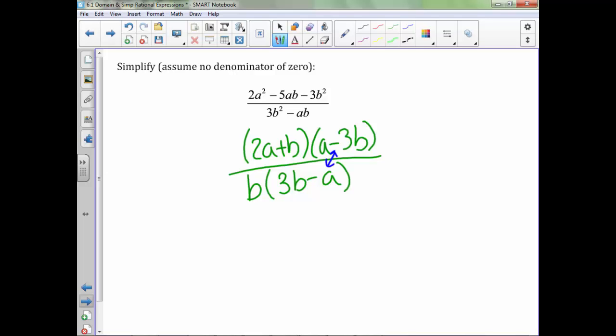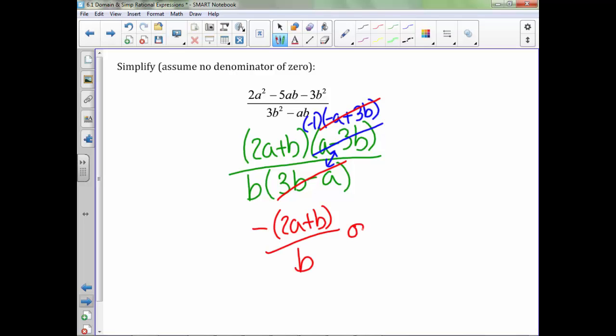So if we factor a negative 1 out in our numerator, we're left with negative a plus 3b. And now notice that is the same. So these two will cancel. So we're left with negative 2a plus b over b. Or if you wanted, you could have negative 2a minus b all over b.